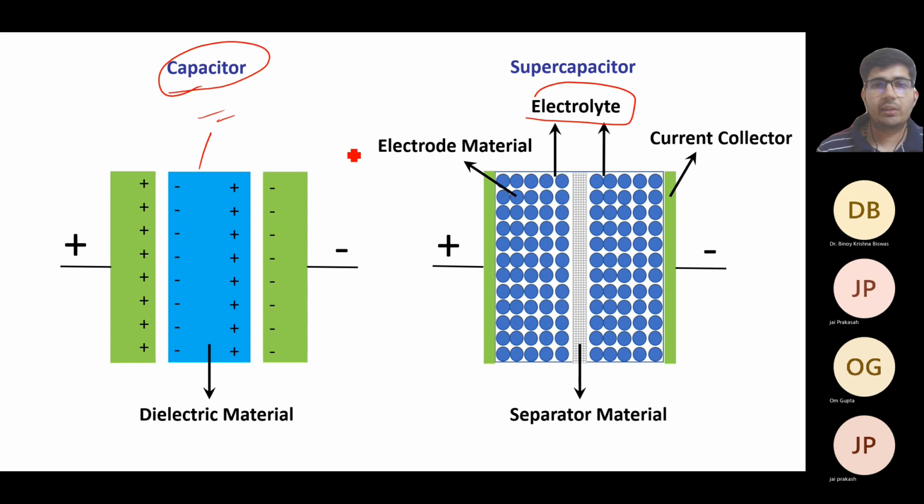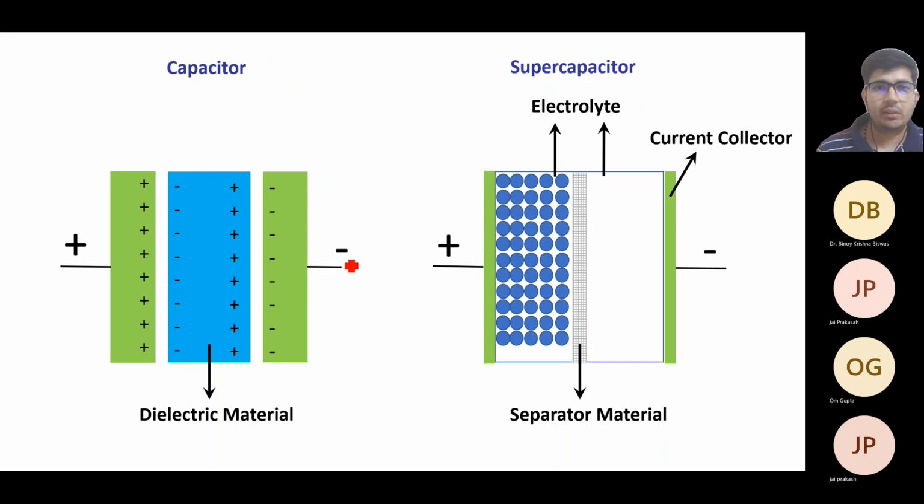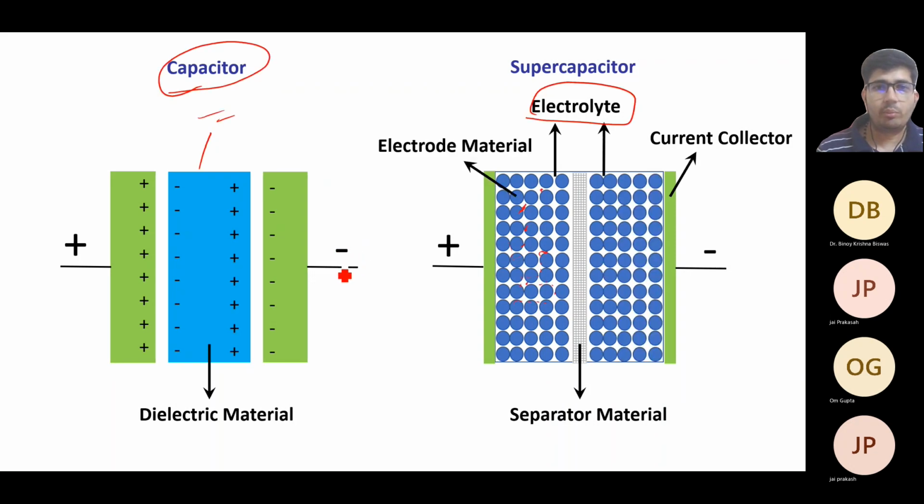The electrolyte can be filled in between the electrode material, so the reaction area has been increased and it can store more energy.